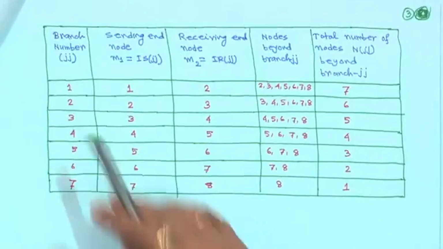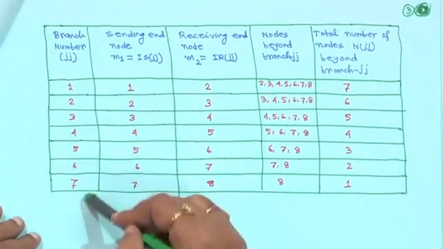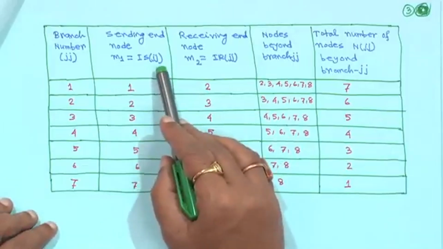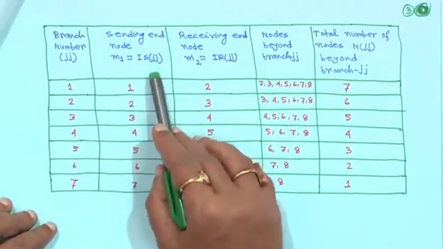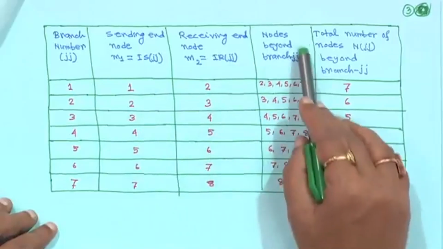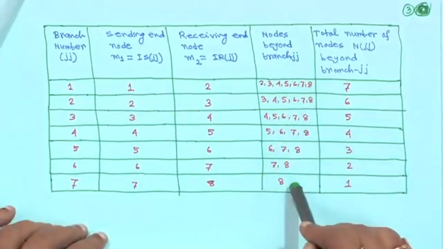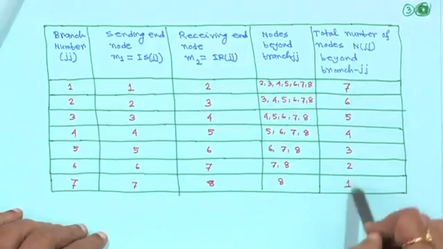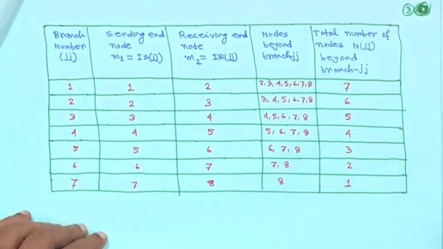So, this way you first complete this table: branch number, sending end node, IS j j, we are writing M1 is equal to IS j j, then IR j j, nodes beyond branch j j, and total number of nodes n j j beyond branch j j. All these things you first have to make into the table, right.